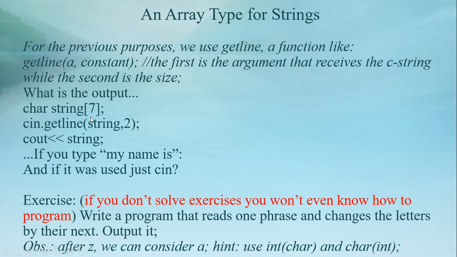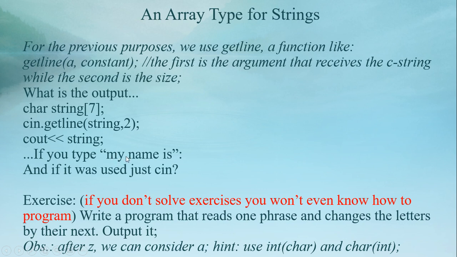What getline does, it gets all the line, of course. So cout string. It's just gonna take the string with 2 characters. So if I have a string with 6 characters, it's just gonna get 2. If you type my name it's just gonna take my. Right. And if cin was used, it would just get my, of course.